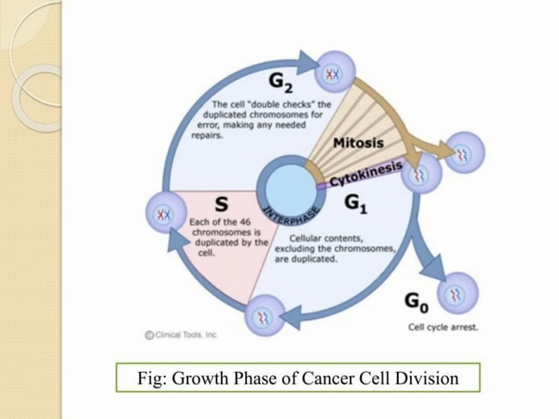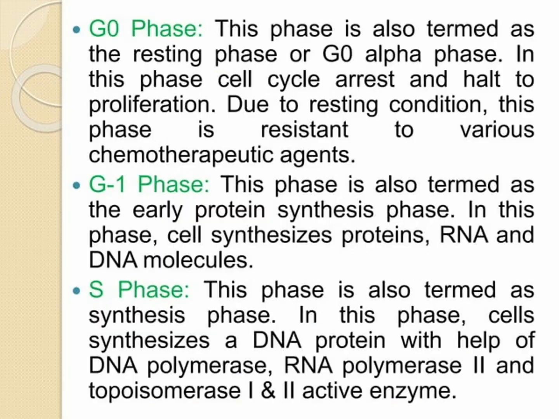Then mitosis and cytokinesis, then G1 stage, where all cellular contents excluding the chromosomes are duplicated. G0 phase is the cell cycle arrest. This is the growth phase of cancer cell division, which we will see in detail.